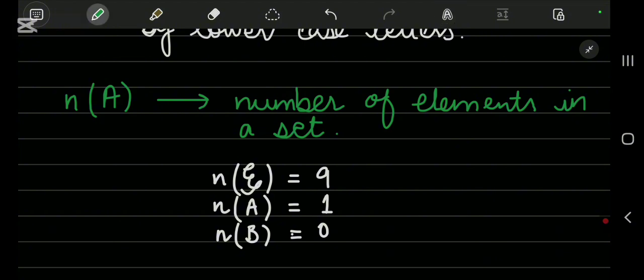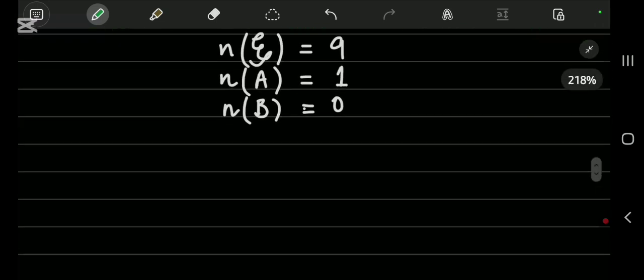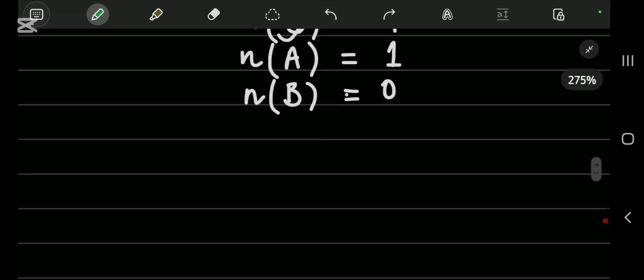Okay, so now let's move on to the next symbol, and that is this, a kind of C symbol. Okay, before that, let's take one more important symbol or sign.